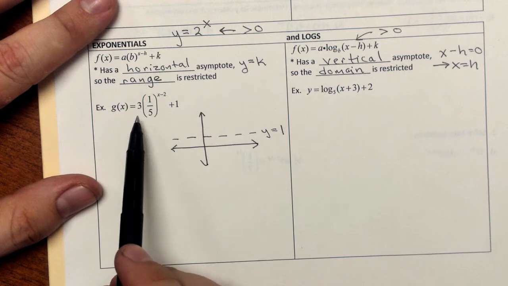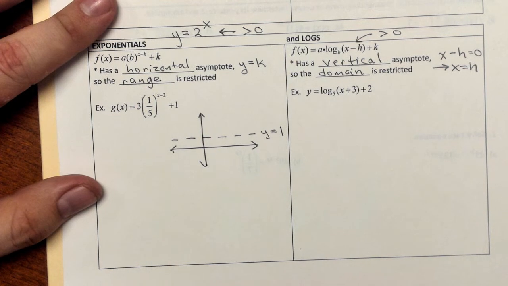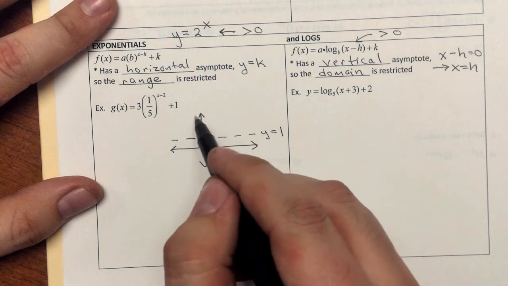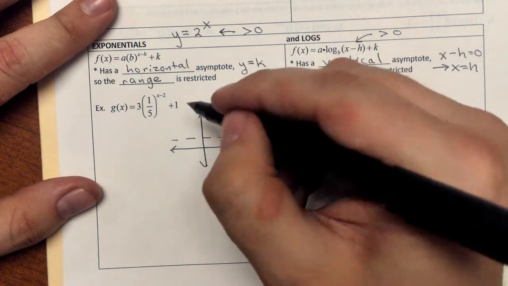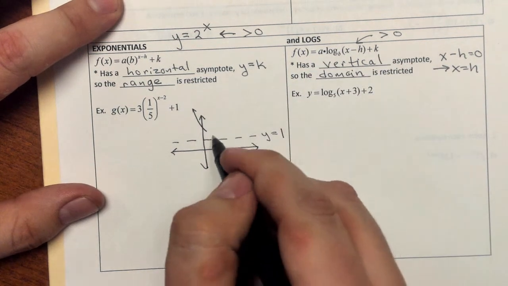Here I can see that I have 3 times (1/5) to the x minus 2. My base is 1/5, which is less than 1, which means that I have an exponential decay. So as x approaches infinity, the graph will approach its asymptote. So I'm going to make a rough sketch again, which is going to look something like this.